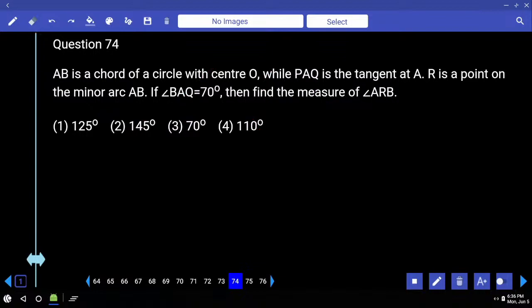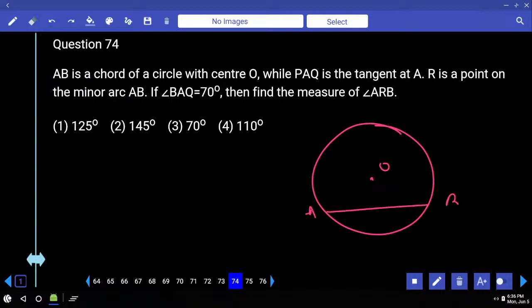AB is a chord of a circle with center O, while PAQ is a tangent at A. A circle with center O, AB is a chord. PAQ is a tangent. Now BAQ is 70 degrees.